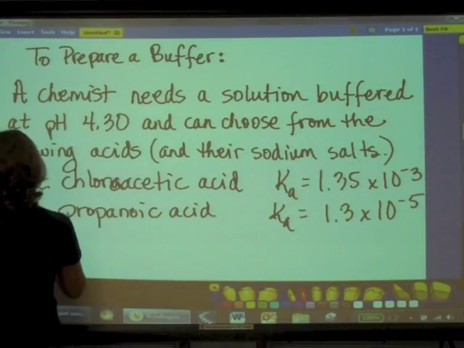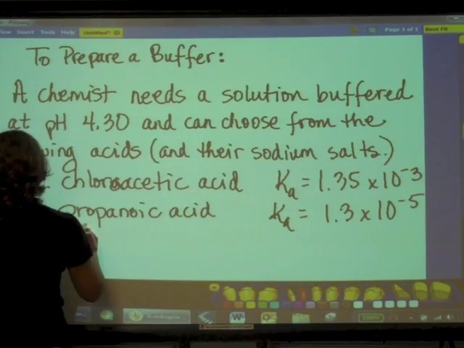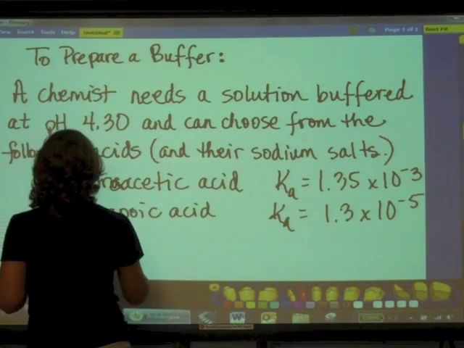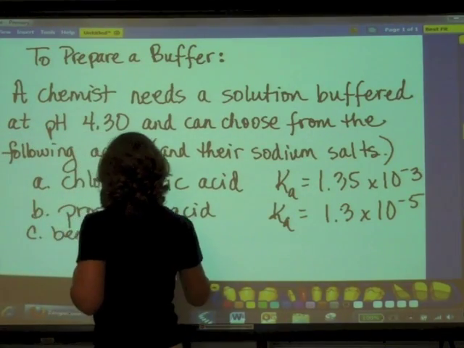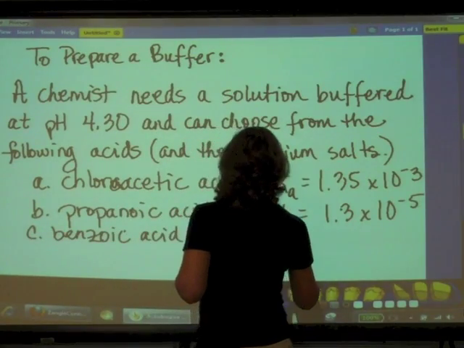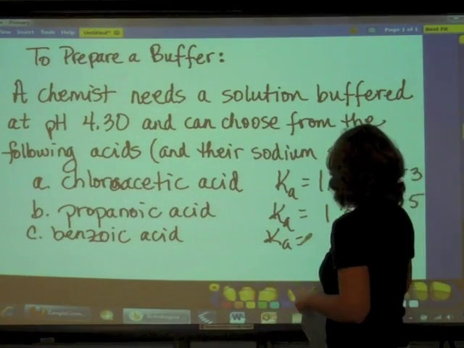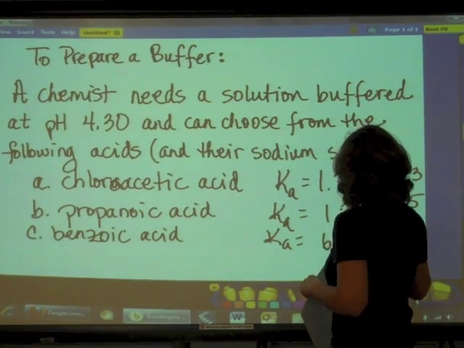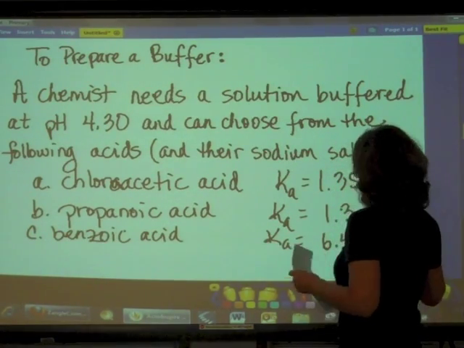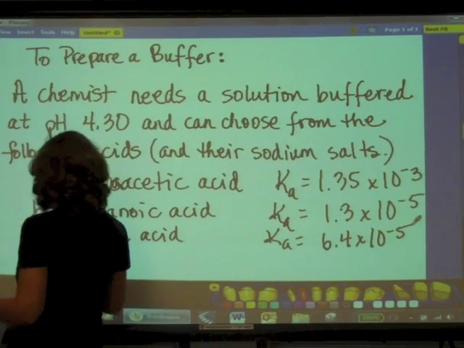Benzoic acid, and it has a Ka value of 6.4 times 10 to the minus 5th. And our last choice is hypochlorous.